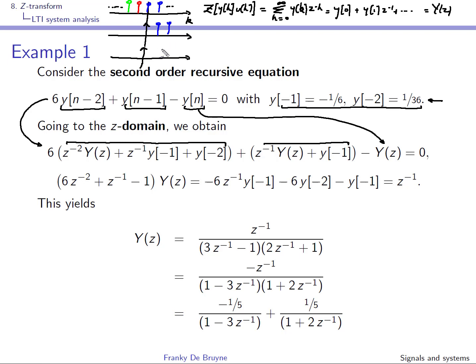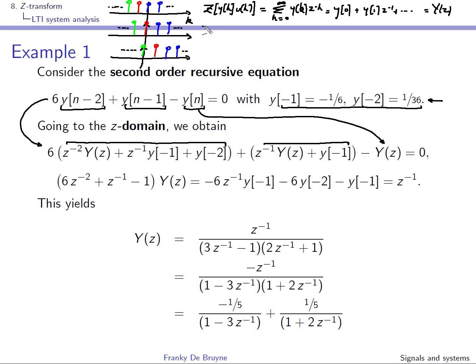Here it will be shifted by 2. So the red one will be drawn over here, here it will be drawn over here, and the green one will be over here, and here it will be located over there. So we can see what is happening.